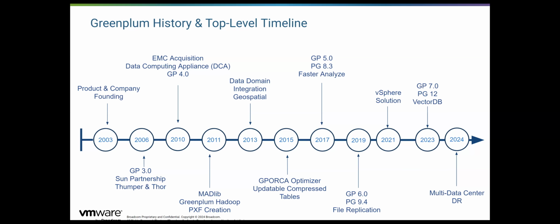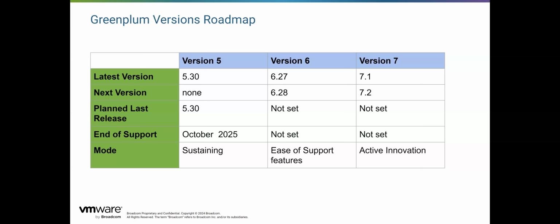And Greenplum 7 came out last year, which has VectorDB, pgvector, and some AI capability. And then the new DR based on write-ahead logs this year. So that's just a super high level timeline. But in addition to that, just level setting where we are with the product, we do sustain a very enterprise-friendly release cadence.